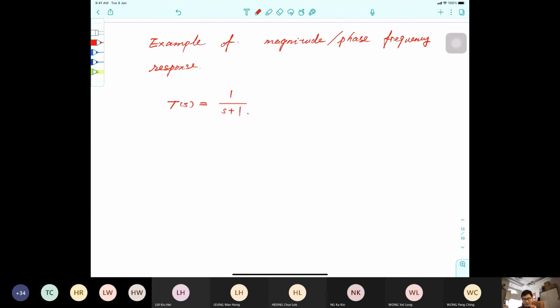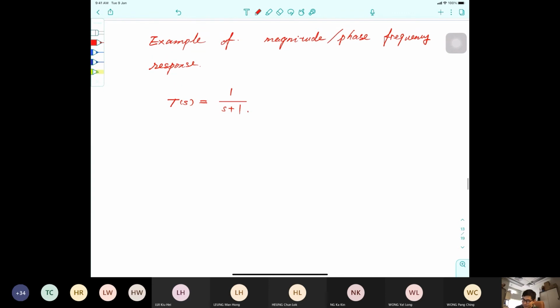This is the transfer function. And the input R(t) is a sine function, sine omega t, okay? Sine omega t.